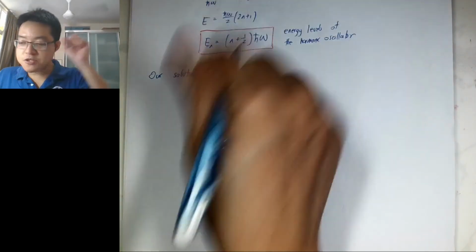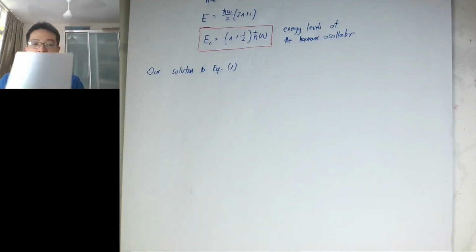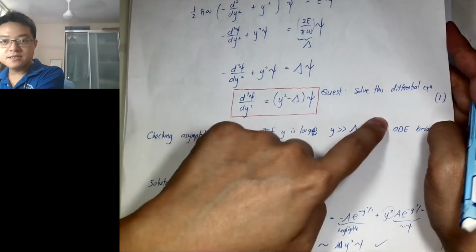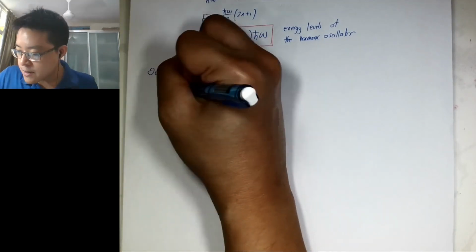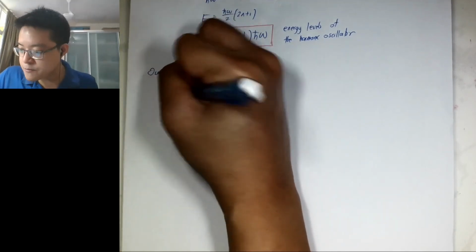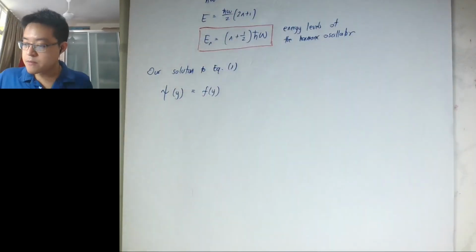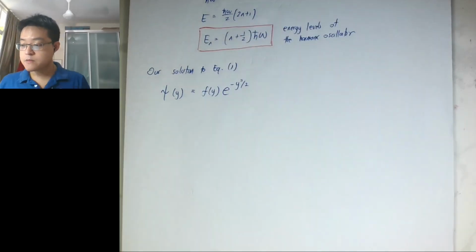Our solution to the original problem that we started with, our harmonic oscillator problem. Our wave function psi, we have expressed as depending on y, and then this was the asymptotic behavior, y squared over 2, right?